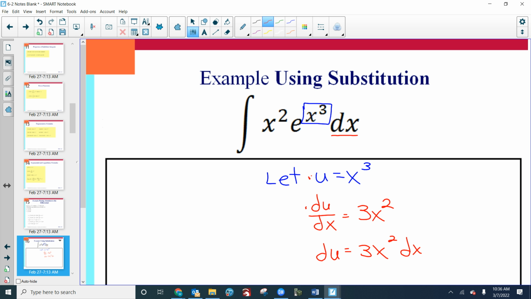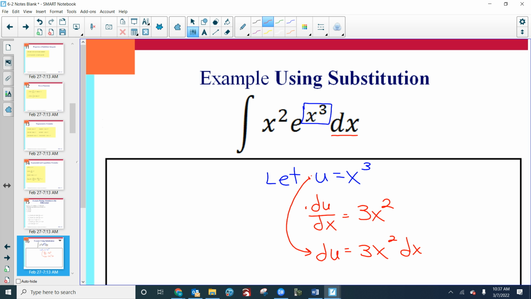And from here on out, I'm okay if you jump from this step to this step because you're going to have to do that. You have to substitute du. I'm okay if you jump straight down to there where you just multiply dx to the other side automatically. Fair enough? Now, when you hear the word substitution, doesn't a substitution in math have to be a perfect fit?